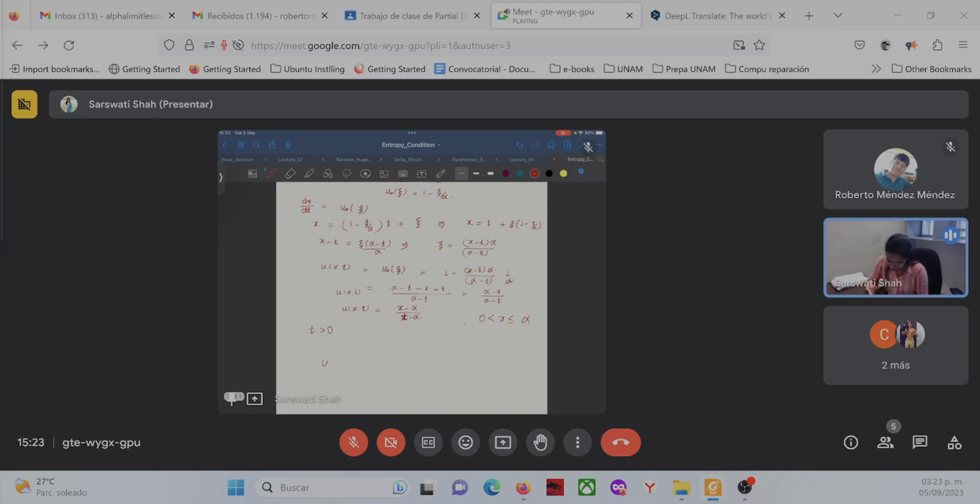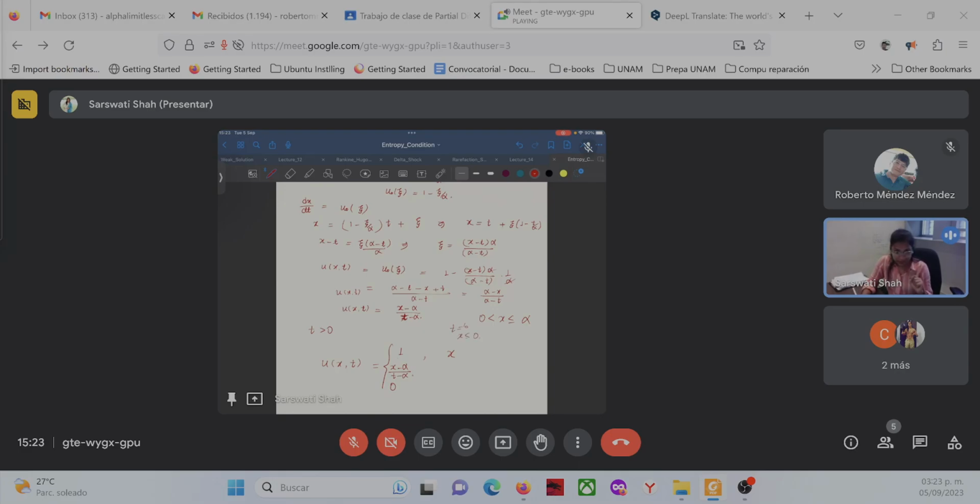So just write the solution: 1, 0, and x minus alpha over t minus alpha. Earlier the initial condition was, when t equals 0, this is 1 for x less than or equal to 0.